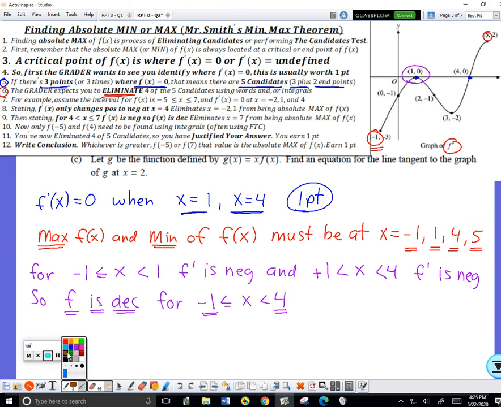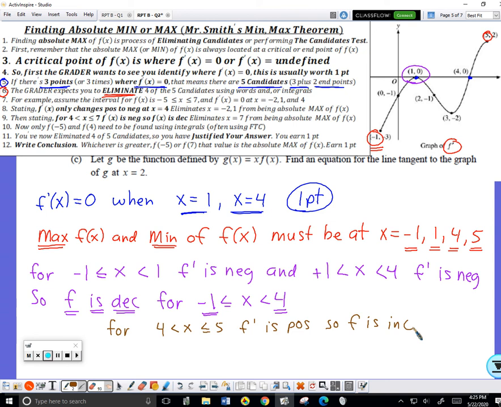Then for the endpoint, f prime is positive, so f is increasing.